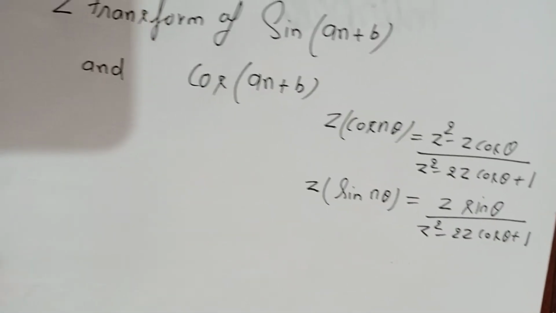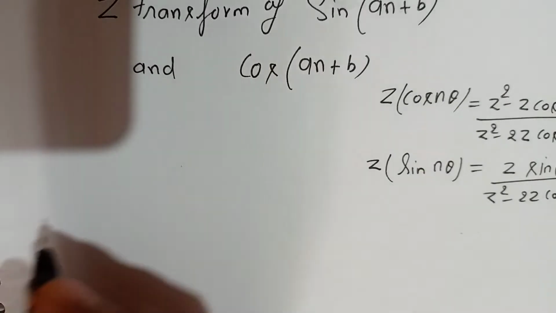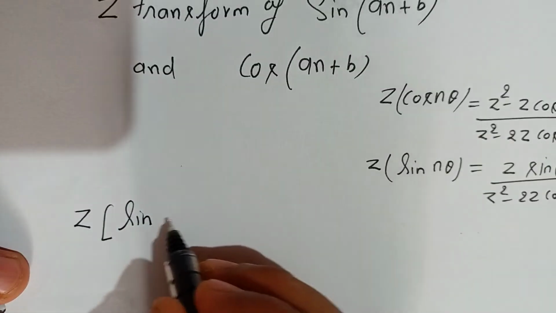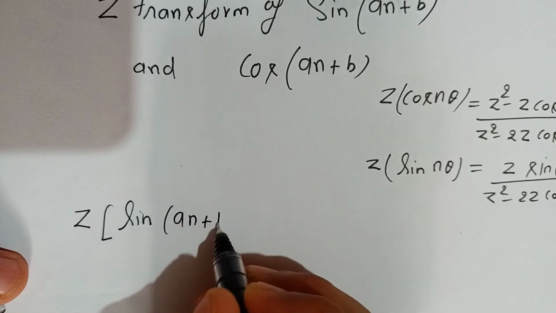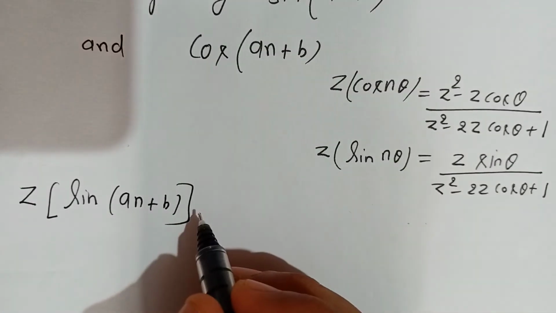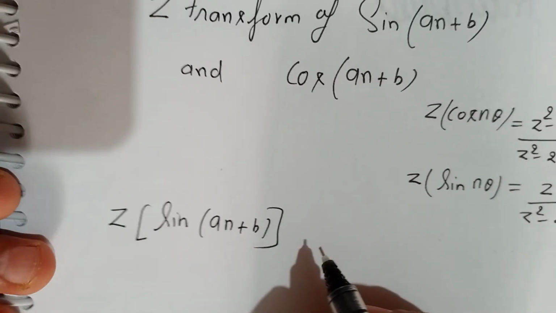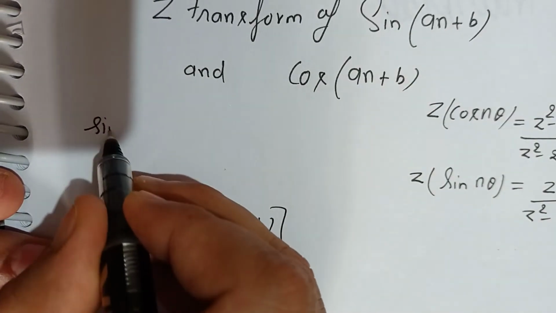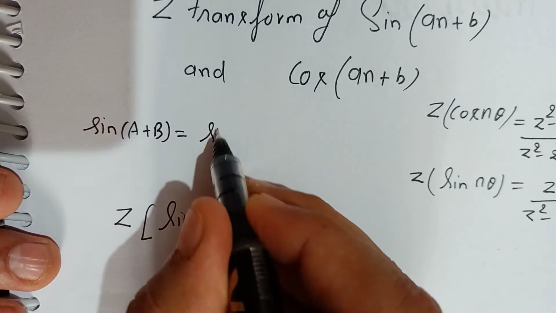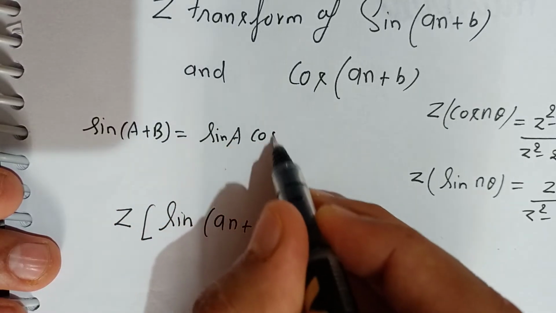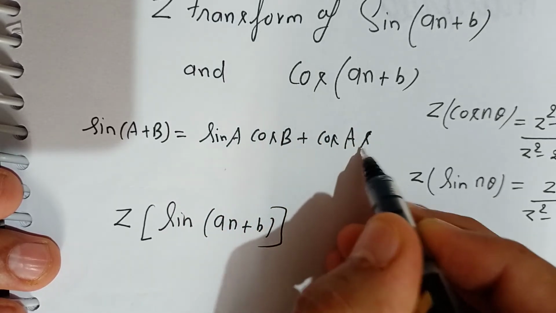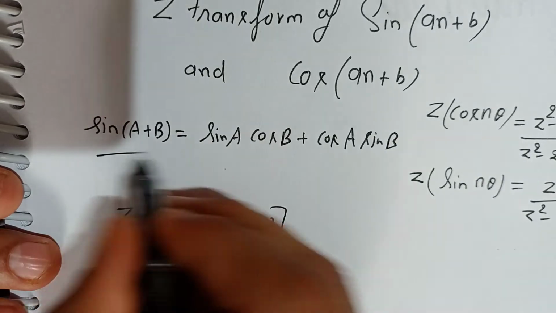Fine. So now let us see how to proceed with Z transform of sin(an+b). So we are going to use the formula sin(a+b) equal to sin a cos b + cos a sin b.